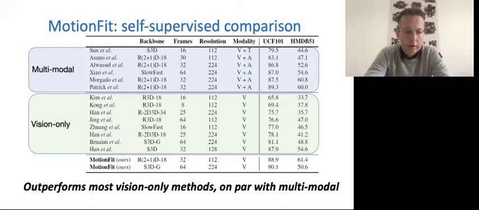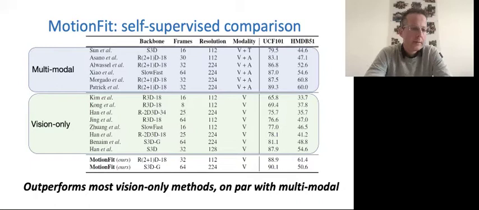So we are state-of-the-art on UCF101 and competitive on HMDB51. And interestingly, we are also on par with several of the multimodal approaches. So this essentially shows that there's a lot of promise to also include other modalities in the MotionFit regime.